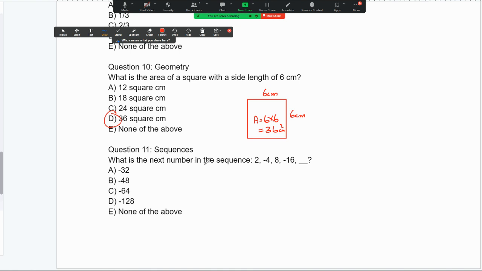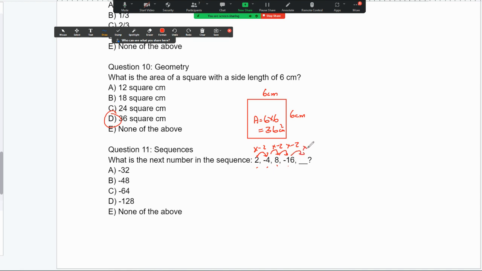What is the next number in the sequence? Well, this is going negative, positive, negative. If we look at how we go from here to here, we multiply by minus 2, and then we multiply by minus 2 again, and we just keep multiplying by minus 2, so it changes sign.